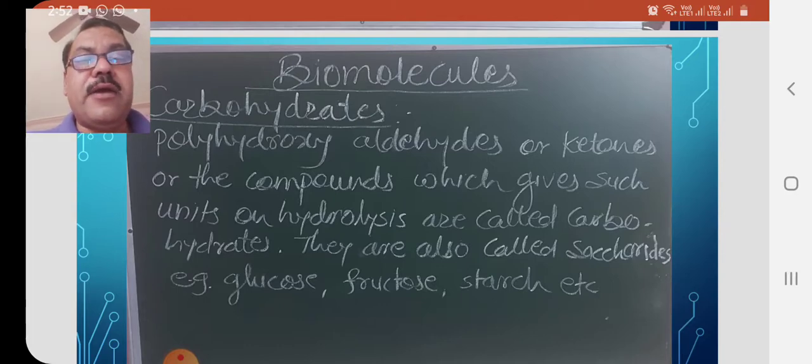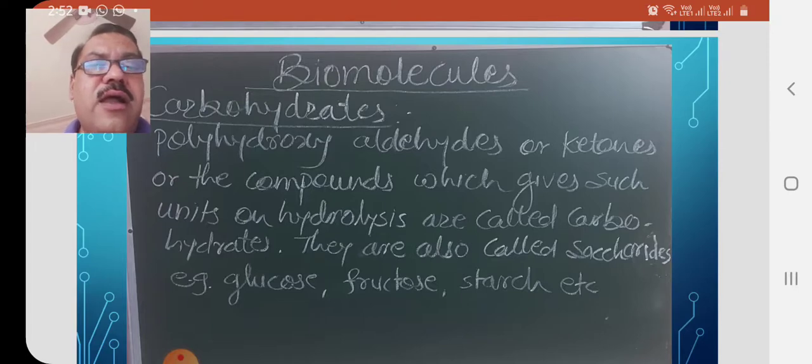Glucose has the chemical formula C6H12O6. So carbohydrates are the polyhydroxyaldehydes or ketones, and the compounds which give polyhydroxyaldehydes or ketones on hydrolysis are also called carbohydrates.